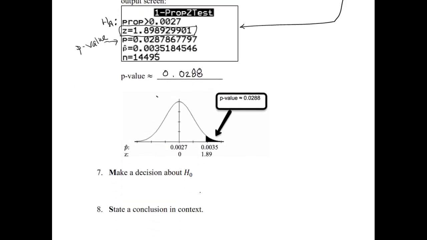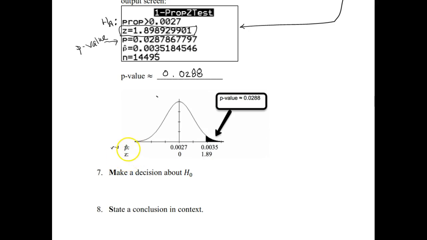We've all heard the expression, a picture is worth 1,000 words, and it really is here in statistics as we look at the sampling distribution. In this case we're using a normal distribution, so we start with a normal curve. We've got two sets of axes, one for our random variable p hat, and one for our test statistic. Since we're running a one proportion z-test, we also have our standardized z-scores.